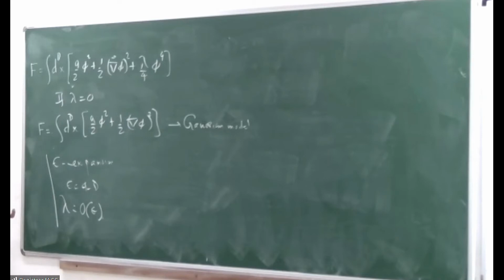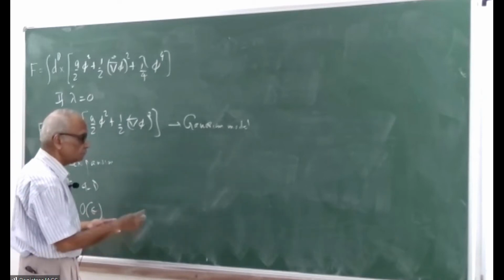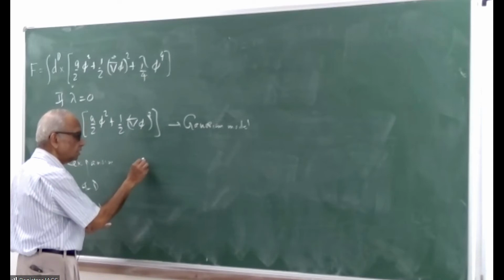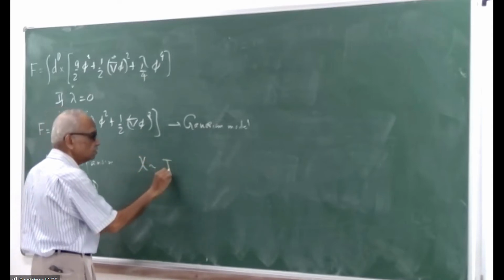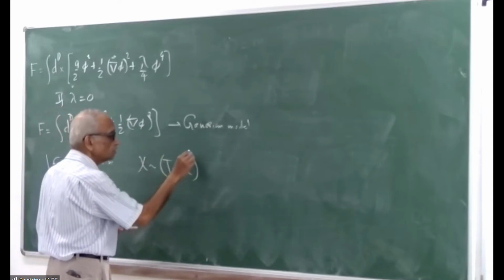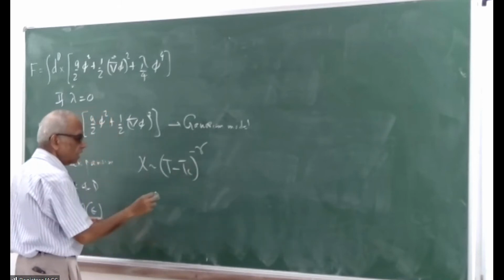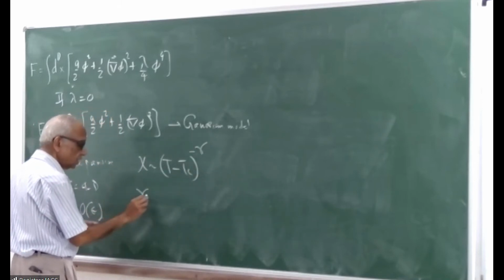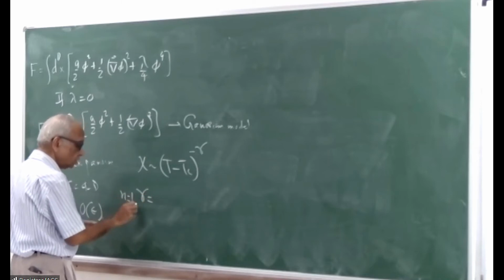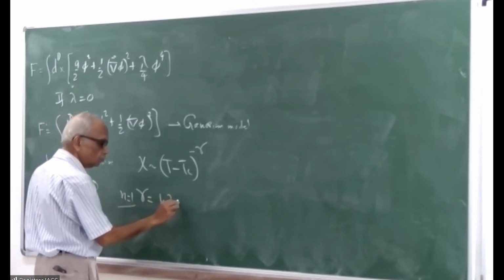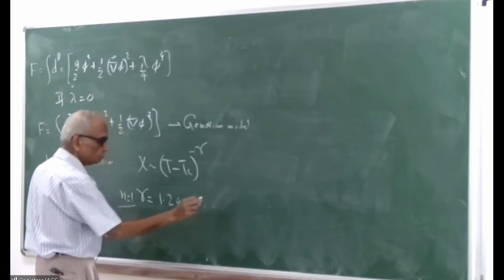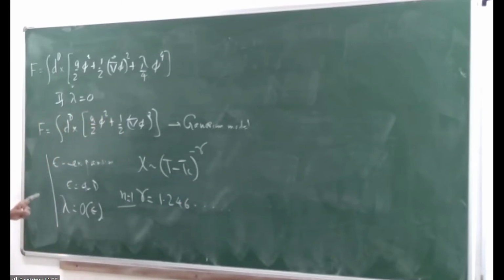a typical thing which we will see is the susceptibility exponent: chi goes like t minus tc to the power minus gamma, and if it's a scalar order parameter, the answer is gamma for n equal to 1, the scalar order, is 1.246, and so on and so forth. And mean field theory gives you 1.